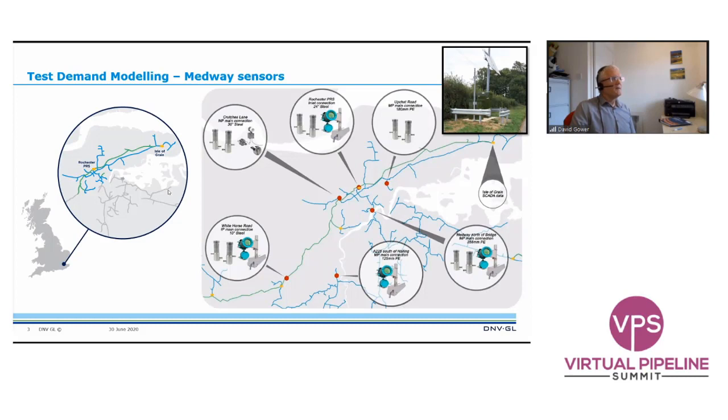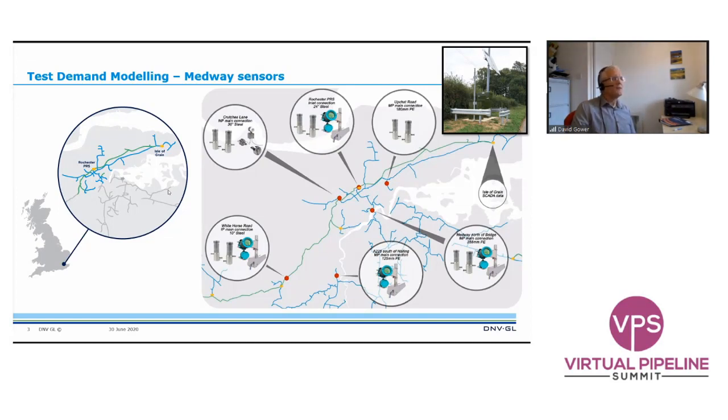So what's the project about? Well, there are many different aspects to the project, and really it is about understanding what is going on within lower pressure networks so that we can design those networks better, and understand how to operate those networks better.